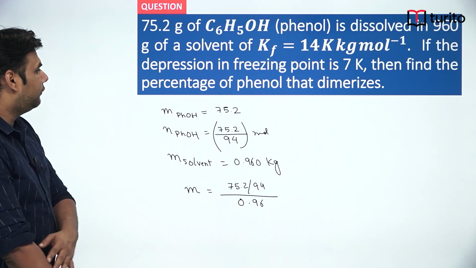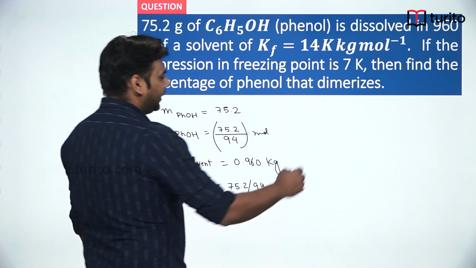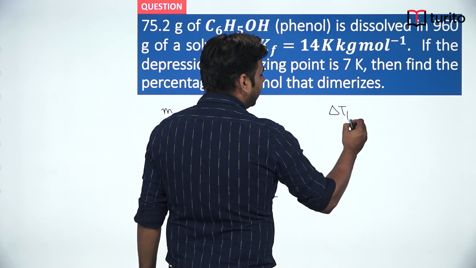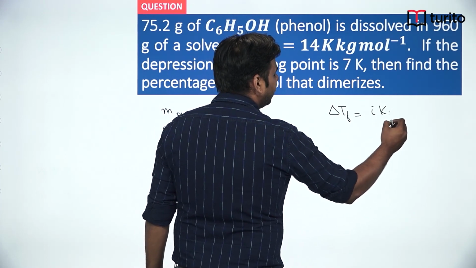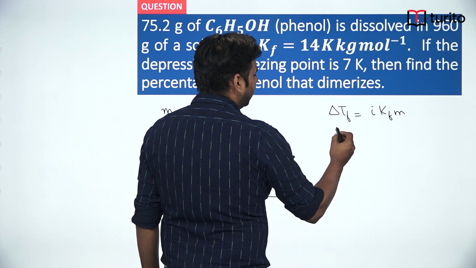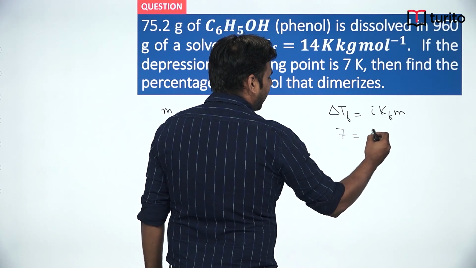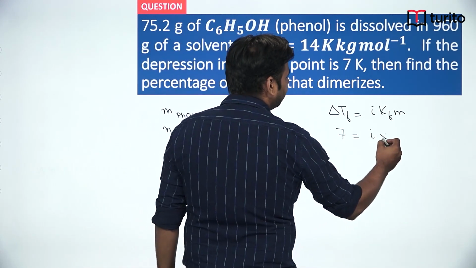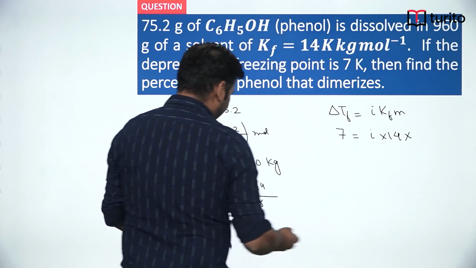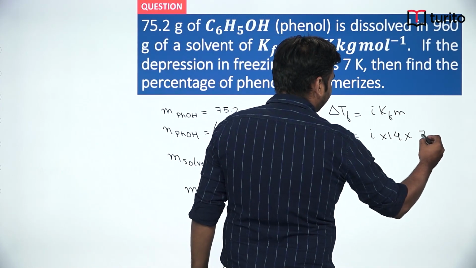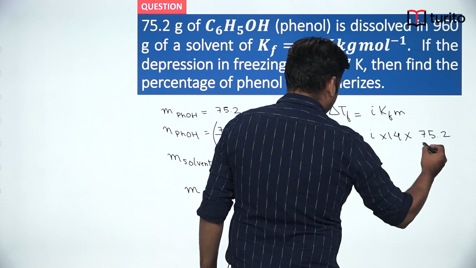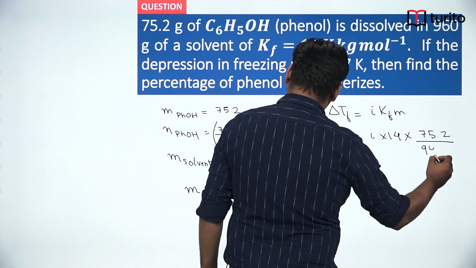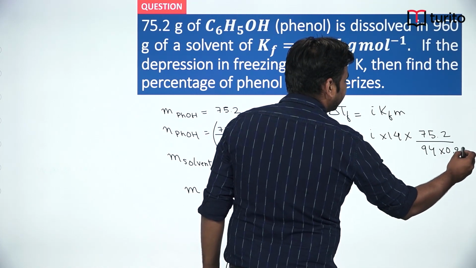Now we know that depression in freezing point is 7 Kelvin. So we'll say that delta Tf is equal to i Kf into m. Delta Tf I know is 7, Kf I know is 14, and molality I know is 75.2 upon 94 into 0.96.